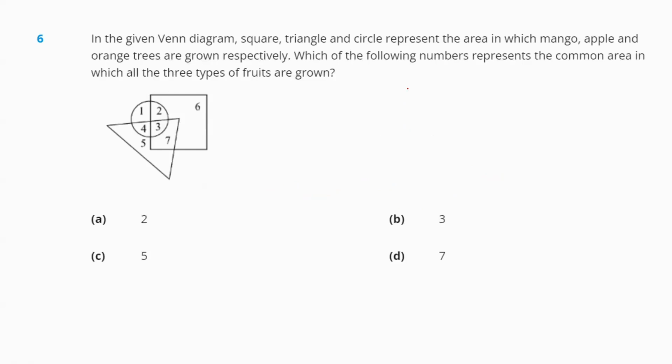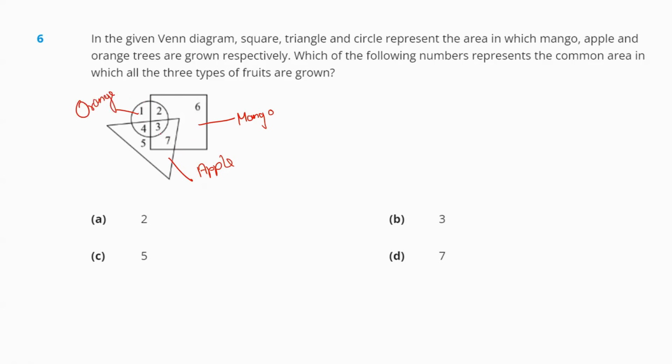In a Venn diagram, square, triangle and circle represent the area in which mango, apple and orange trees are grown respectively. Which of the following numbers represent the common area in which all the three types of fruits are grown? So it is given that square represents mango, triangle represents apple, and circle represents orange.